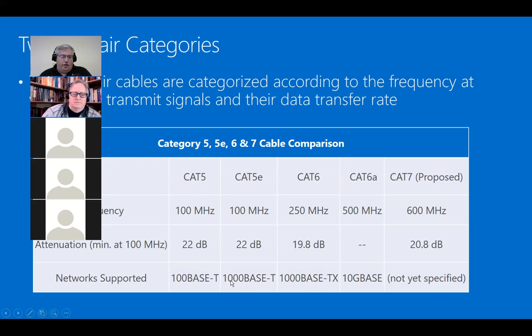You can do 1000 megabit with Cat5e, so gigabit, in other words. And then you can do 10 gig with Cat 6A. Technically, I think you can do 10 gig with Cat 6, but it's limited in length. You can only go like 50 feet.